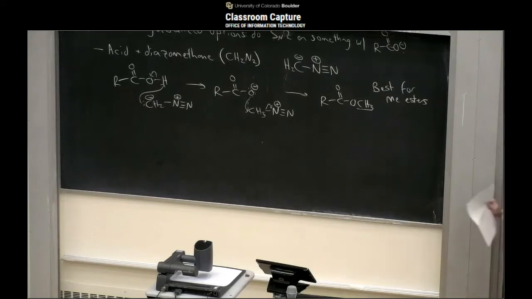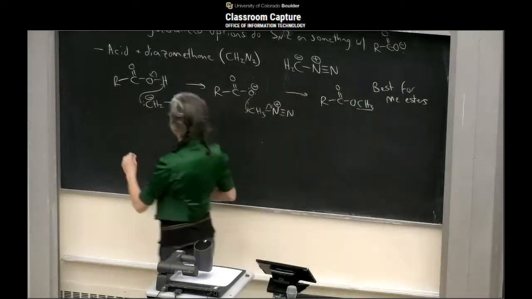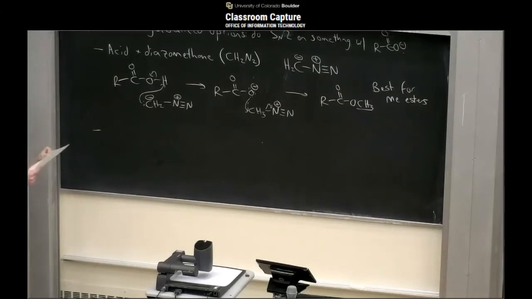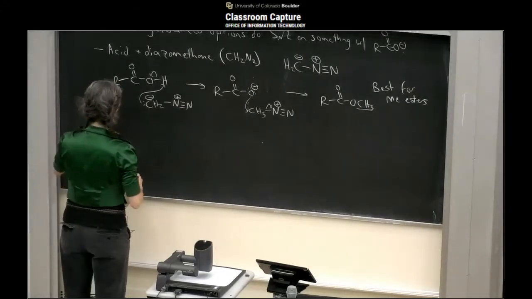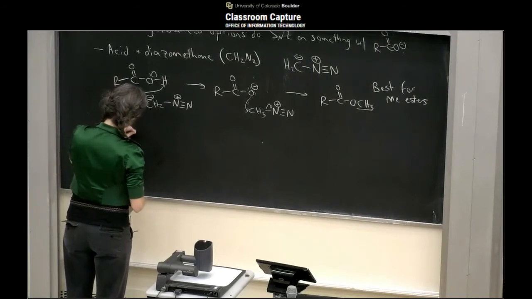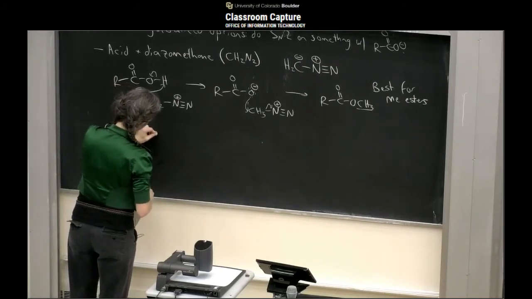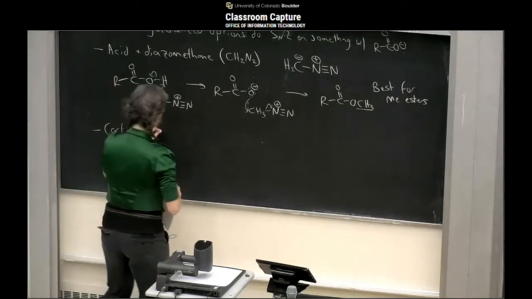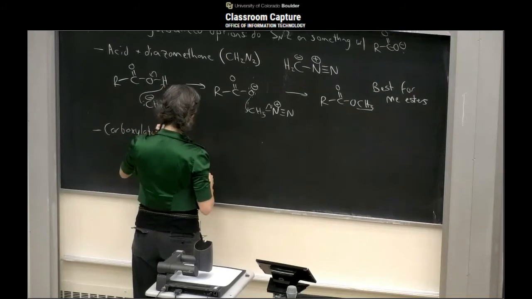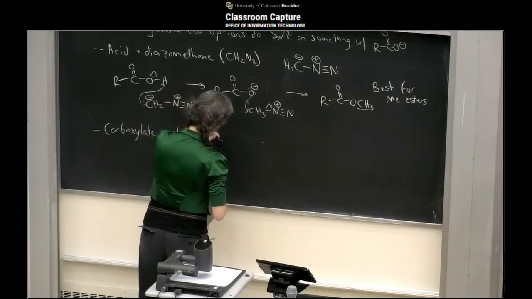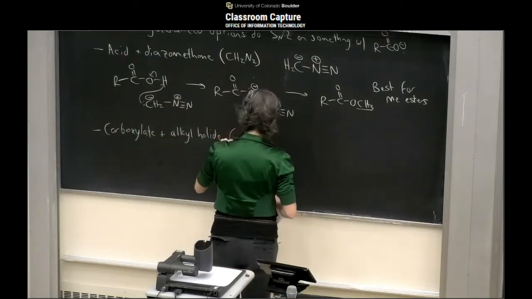Okay, cool. So a similar option is a lot more along the lines of what we're used to seeing for SN2. So just a carboxylate, the actual minus charged oxygen, plus whatever alkyl halide.